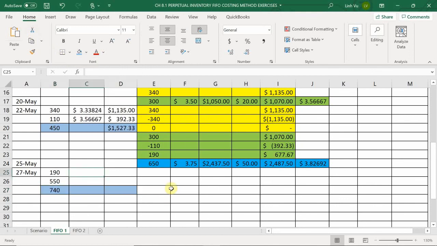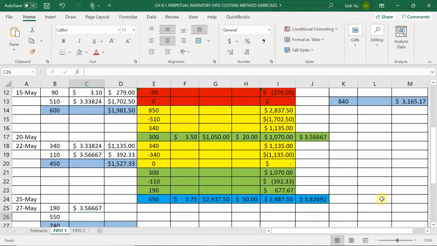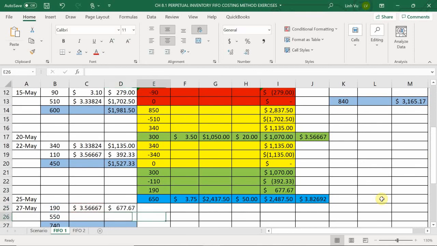Okay. So in this case, my 190, right? We know what that gives us, right? It's going to give us the 677.67. So you don't need to calculate this, but I'm doing it as a reference point here. Okay. 677.67.